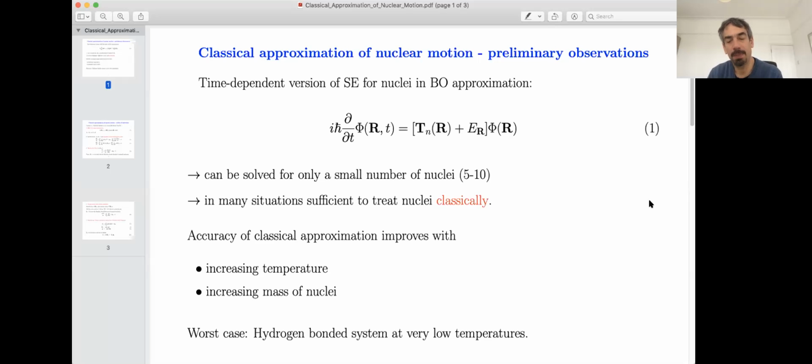What you have to be careful about, though, is when you look at vibrations. Typically, the classical approximation is fine as soon as the thermal energy is larger than your vibrational energy, and that's actually usually not the case.